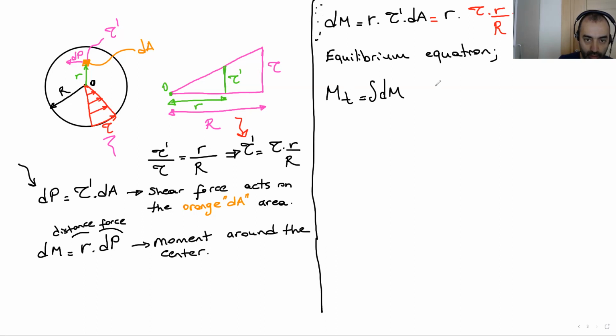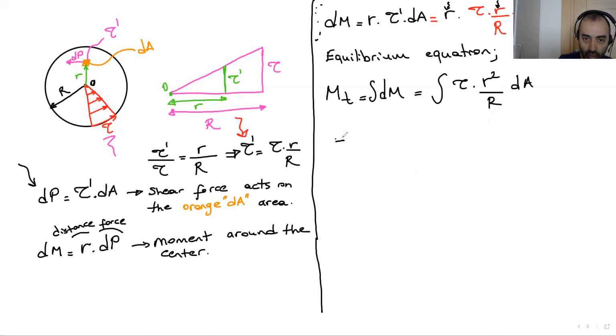So we put an integral here, equals integral of tau times r square over R dA. Okay. So we can take out of the integral the constant numbers.